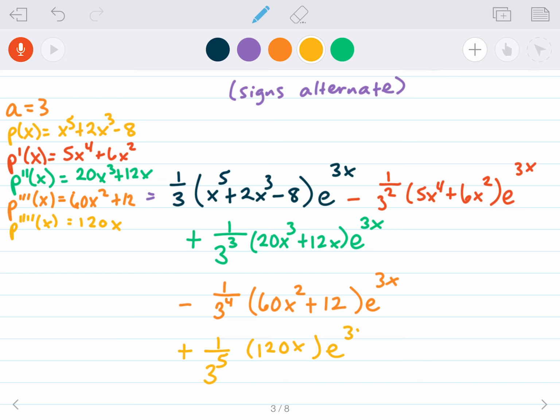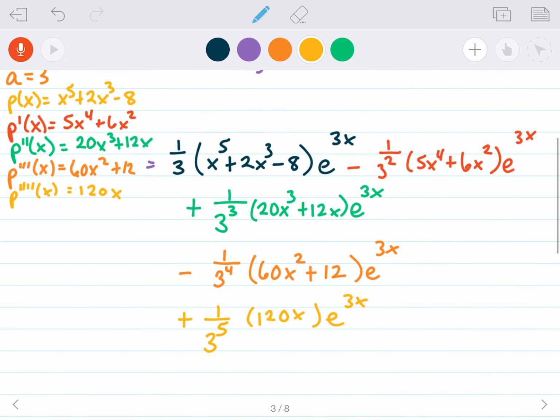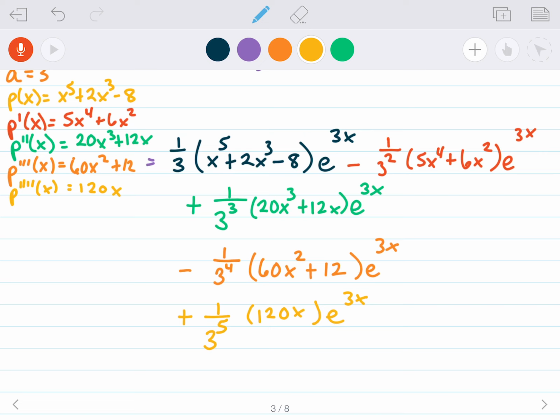Tack on the e to the 3x. This problem's kind of wild. Okay, next sign is minus. We're alternating signs over 3 to the 6th. Derivative of 120x is going to just be 120.